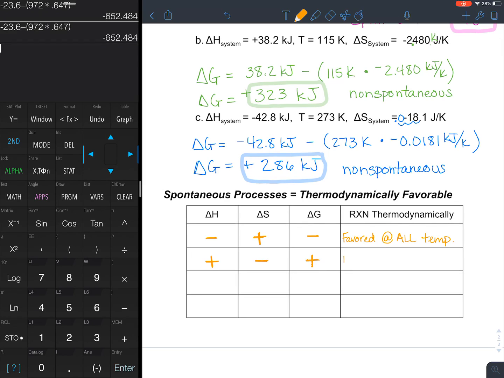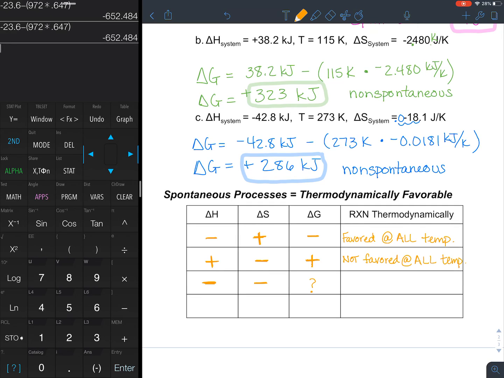So this is not favored at all temps, so it's always going to be non-spontaneous. Okay, and then the question becomes, are there times where it could be either? Yes, absolutely. If we have a negative delta H and a negative delta S, we may not know what's going to happen here.